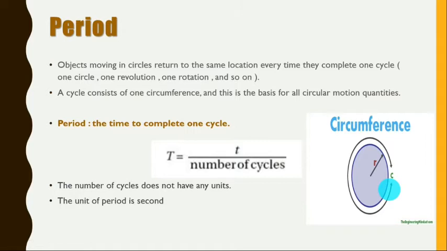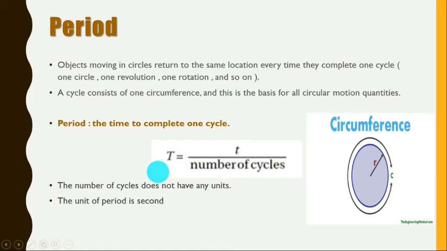Okay. So what does period mean? Period is the time to complete one cycle. So how much time does it take the object to finish one cycle, or one circle, or one revolution, or one rotation? Here for example, the object starts to move from C. When it comes back to C, how much time did it take the object to finish one circle? How do we find the period? The symbol for period is capital letter T, girls, not small letter.